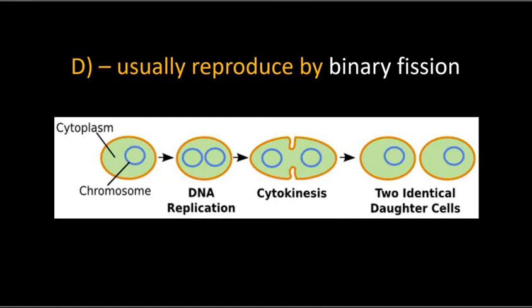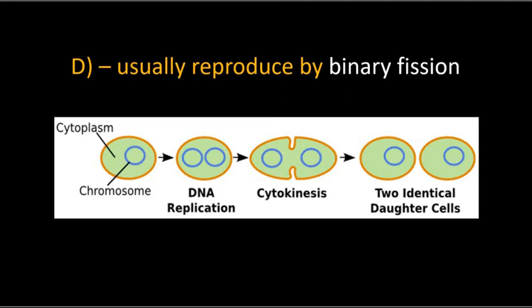This is the most common type of reproduction. You can probably remember the name because you have bi, which means 2, and fission just means to split. Okay, so the name literally just means to split into 2. And that's how bacteria usually reproduce. Very seldom for anything else.